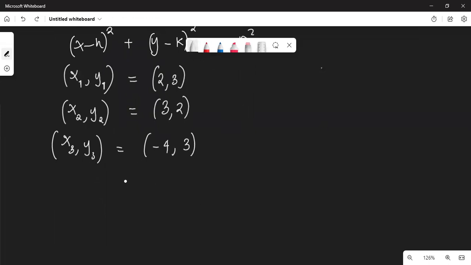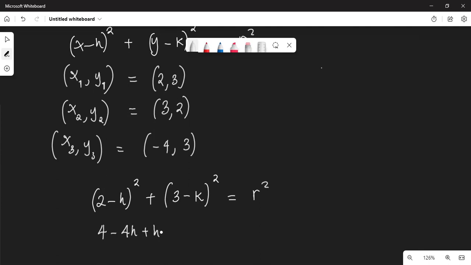So in place of x, putting 2, we have (2 minus h) squared plus, in place of y, putting 3, (3 minus k) squared equals r squared. Then we expand this. The expansion of (2 minus h) squared is simply 4 minus 4h plus h squared.